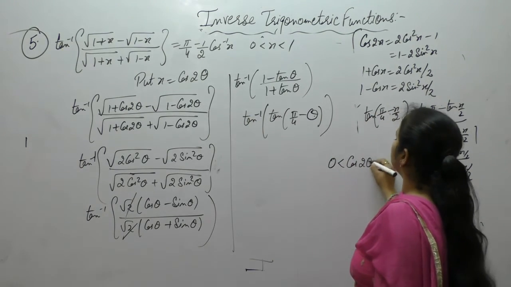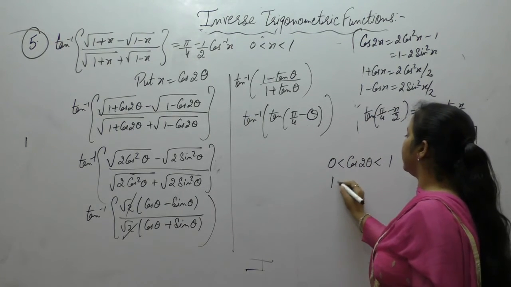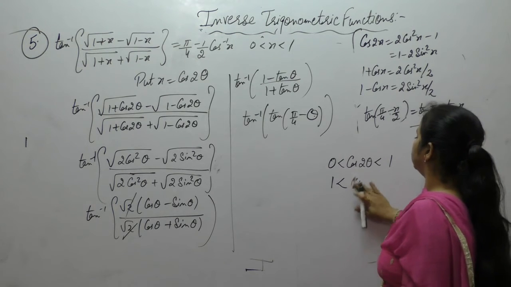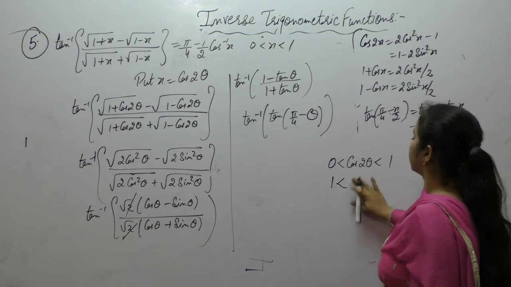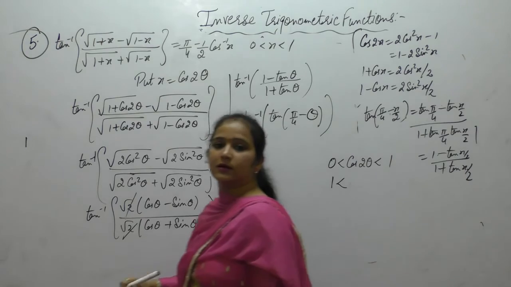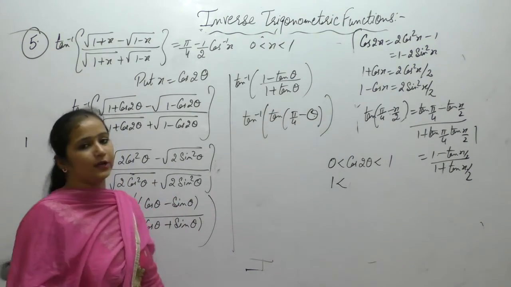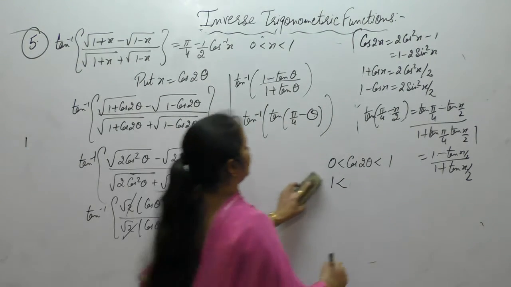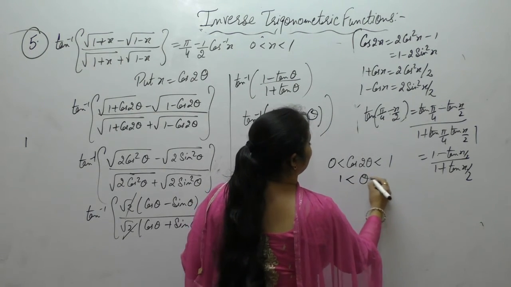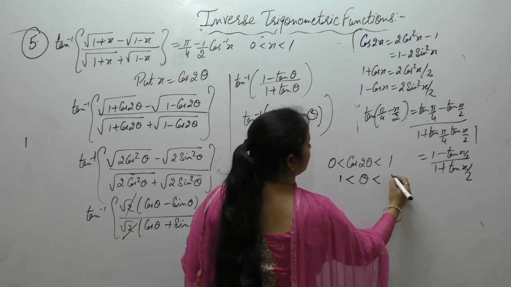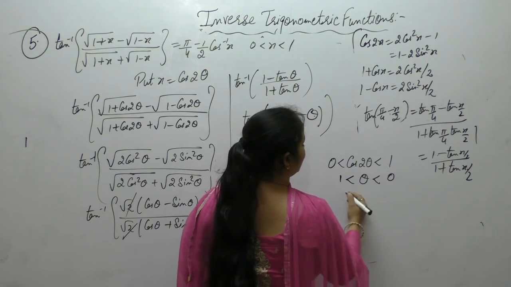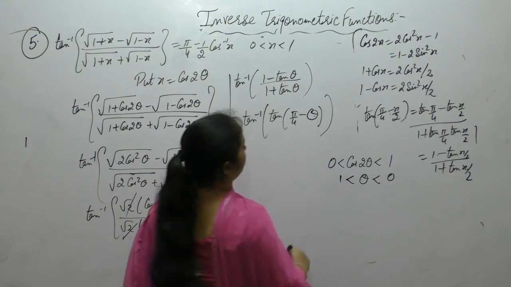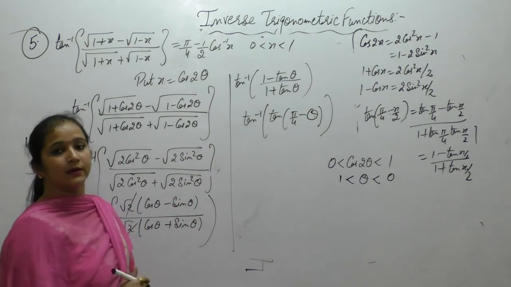X is cos 2 theta, so cos inverse 0 and cos inverse 1. The value of cos 0 is 1, and cos of pi by 2 is 0. Clear?